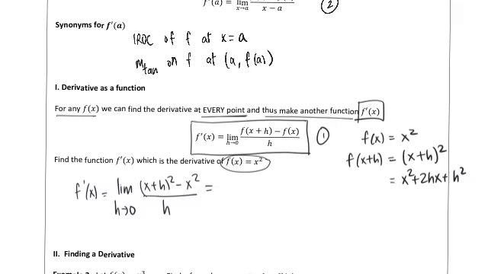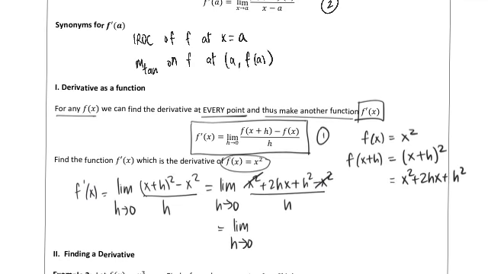So now I'll expand it out like I did on the right there, and I'll get x squared plus 2hx plus h squared minus x squared all over h. These are going to cancel, the two x squareds, and then I can factor an h out.